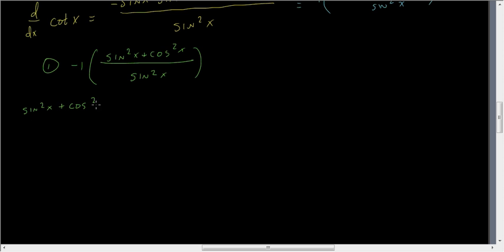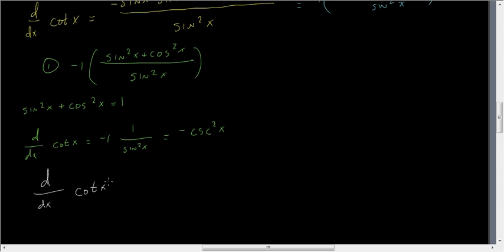So that means that the derivative with respect to x of cotangent of x is equal to negative 1 times 1 over sine squared of x, which is the negative of cosecant squared x. So the derivative with respect to x of cotangent x is equal to negative cosecant squared x.